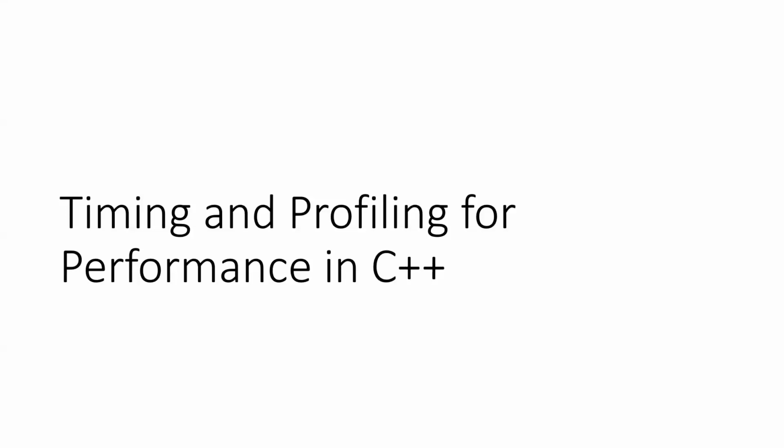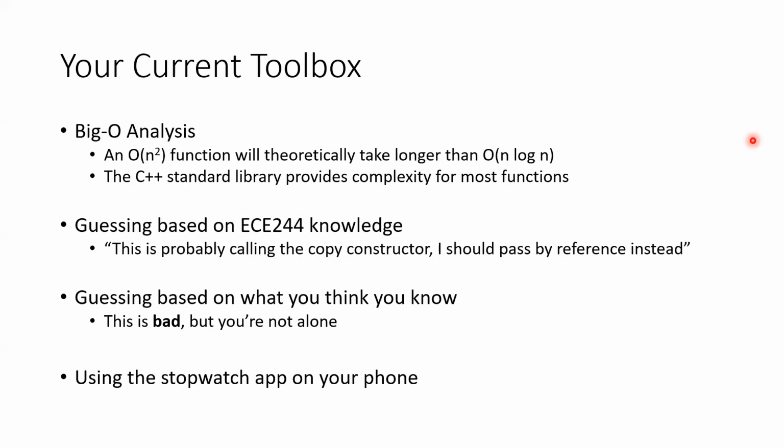Timing and profiling is how you find out where time is going in your program and how to speed it up. So what we are expecting you to currently know: first, to know where time will most likely be going in your program, use big O analysis to analyze your algorithms.